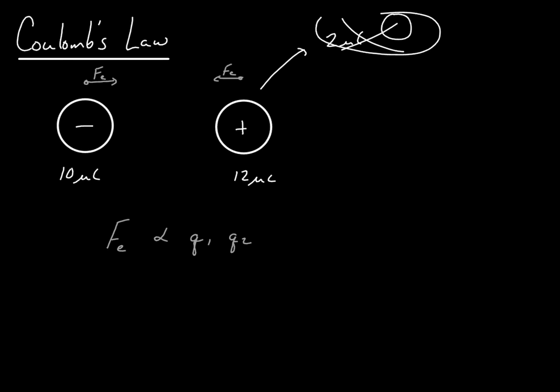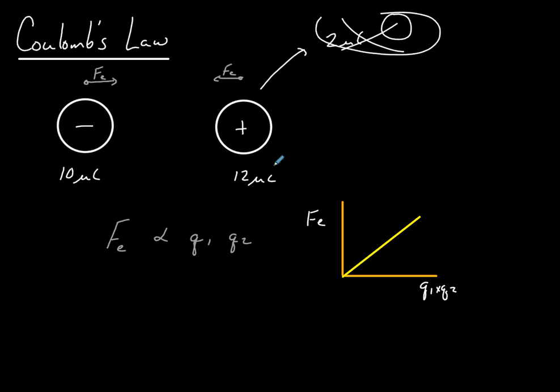If you were to graph that relationship out, you'd have a direct relationship. So double the amount of one of the charges and you get double the force. Double the amount of both charges and you get 4 times the force, and so on.